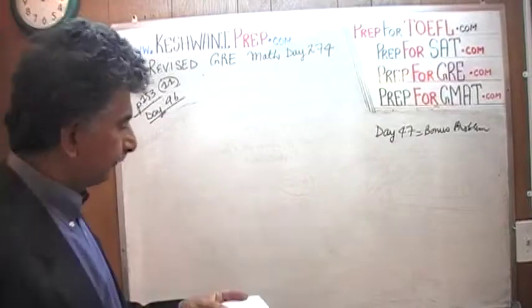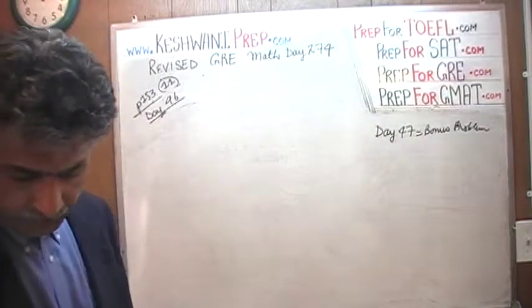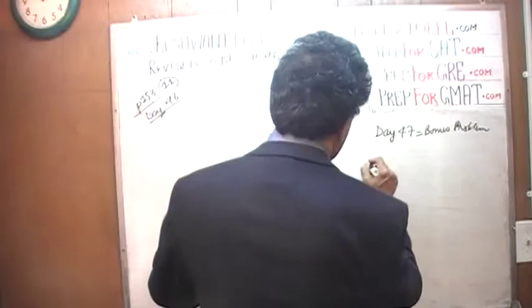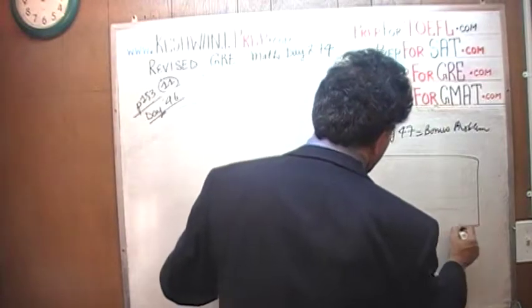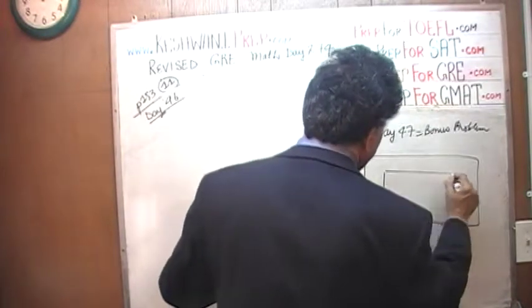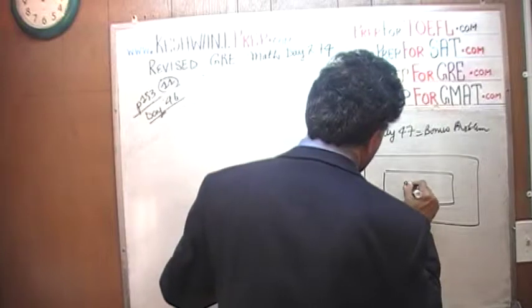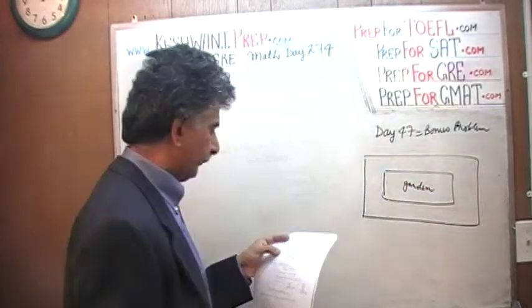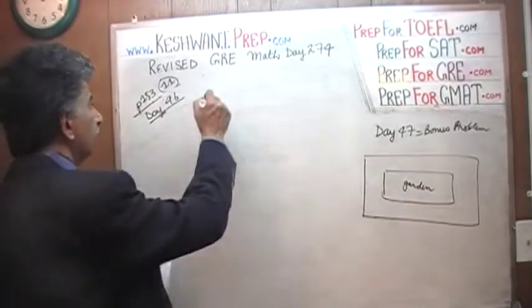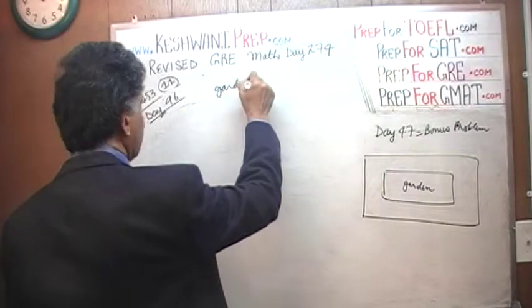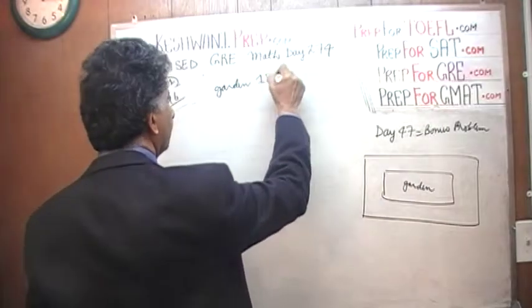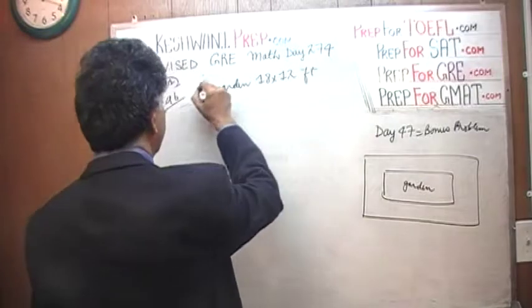So let's get going. We are given a rectangular garden. We are told that the garden is 18 by 12 feet.